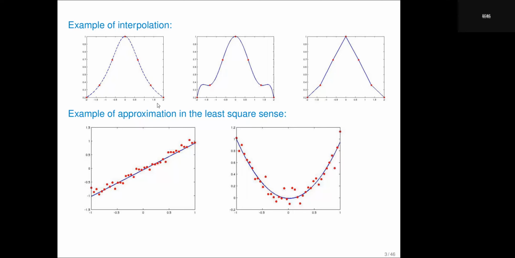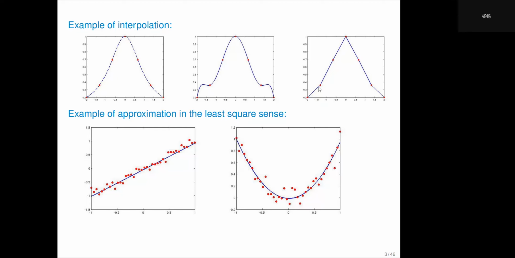But I find 3 different functions that pass through these points, and they are very different from each other. What does this mean?